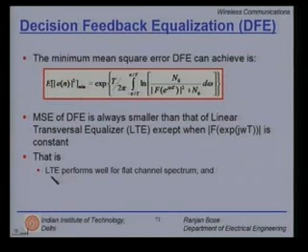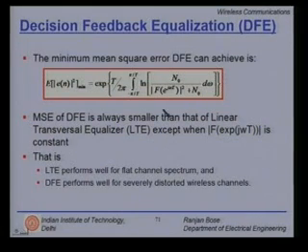Now, LTE performs well for a flat channel spectrum. Here F e raised to j omega T is the channel spectrum that we are talking about. For a flat channel spectrum, our general linear transversal equalizer works well.